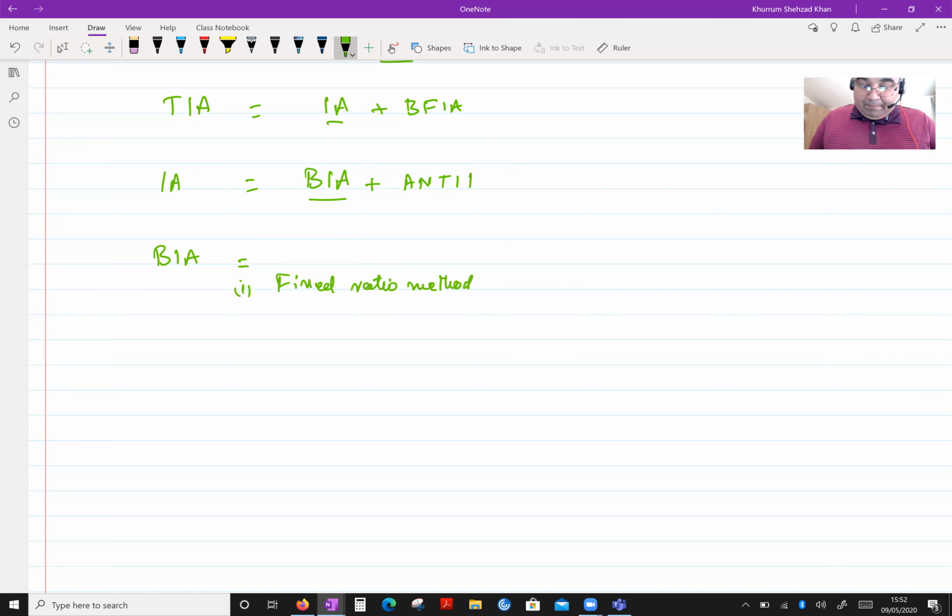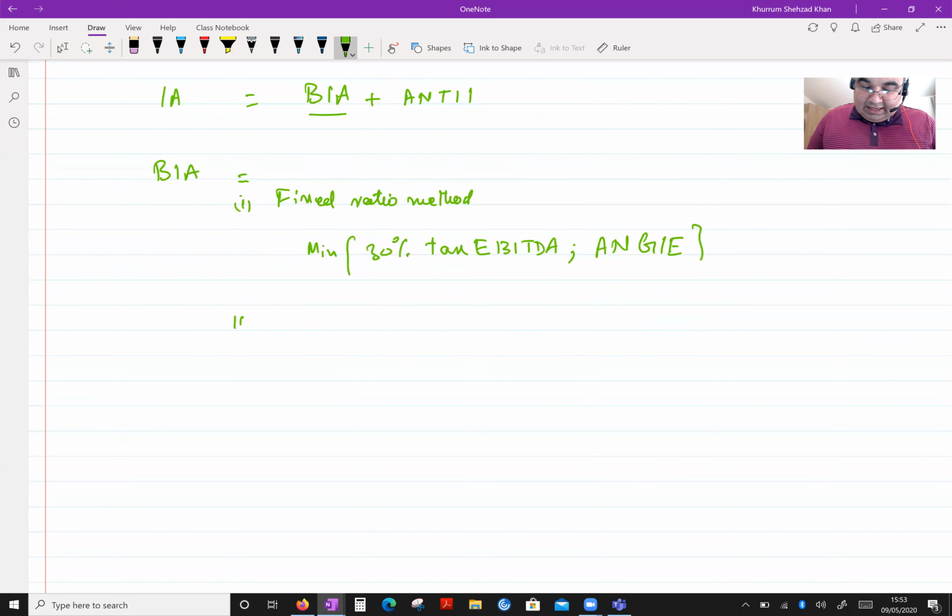One is under the fixed ratio method. It will be the lower of 30% of tax EBITDA or your NTG. The second way is under the group ratio method.